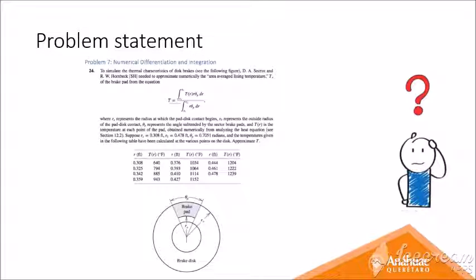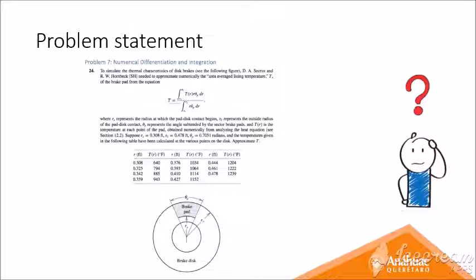We were assigned problem number 7, which says to simulate the thermal characteristics of disc brakes. DA Secrets and RW Hornbeck needed to approximate numerically the area average lining temperature of the brake pad from the following equation, where RE represents the radius at which the pad disc contact begins.